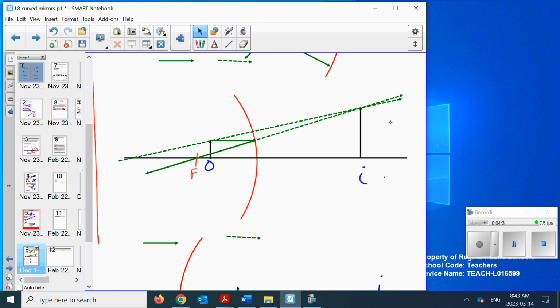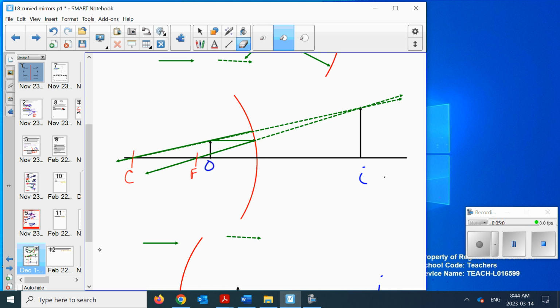Okay. So the actual ray is the one that goes to the mirror and bounces right back to the center. I'm going to mark my center. Okay, so we can predict focal points and centers, right?